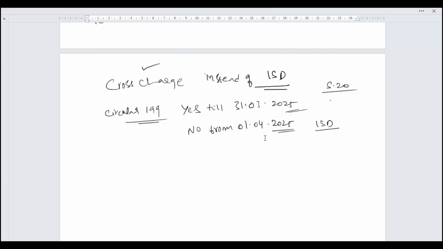Similarly, under the GST era, Suncraft Energies, one Kolkata judgment, which was in favor of the assessee, went to the Supreme Court also. GSTR 3B, GSTR 2B: only if the vendor has reported in his GSTR 2B, can I enjoy the credit, or otherwise can I enjoy the credit? The High Court said, look, find out your supplier. If the supplier is in default, can you recover that money from the supplier?